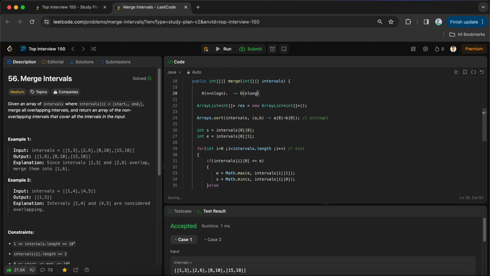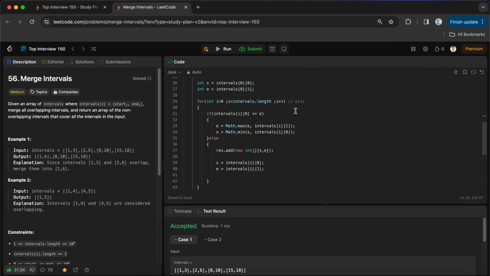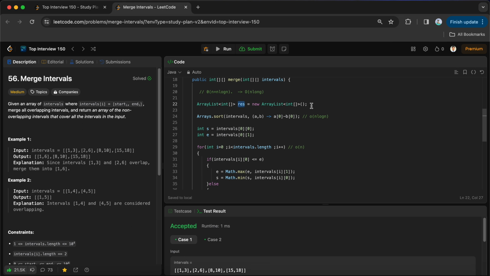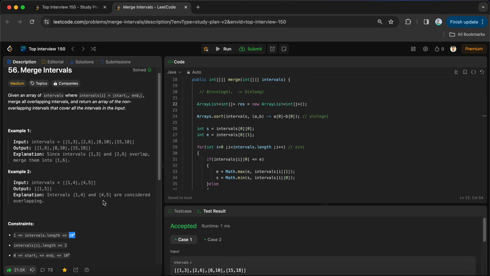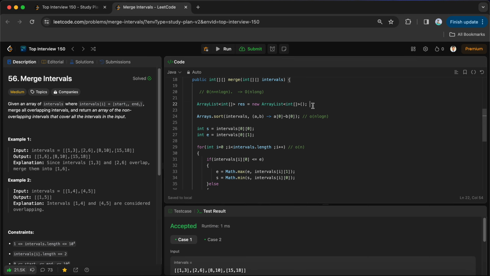And if I'm talking about space complexity, we are using an extra array result here and storing in that result. Suppose I am ignoring the size 2 because it will be less, suppose it is n length, so it will take big O of n, or we can say 2n, because it is containing an array of array, so it is big O of 2n.